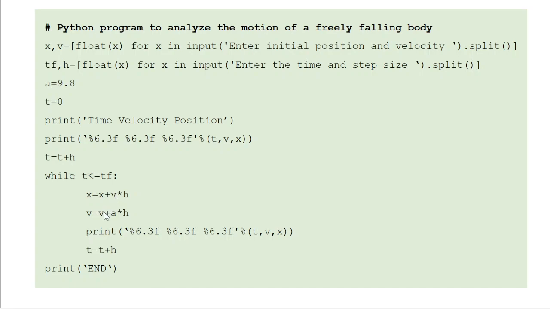If you write the velocity equation first, your velocity gets modified. Your velocity is going to be the velocity in the current step. And when you do the position step after that, the velocity is not the old value, it's the new, modified value. But that's not what we want. We want the velocity from the previous step. So always write the position equation first, then the velocity equation.